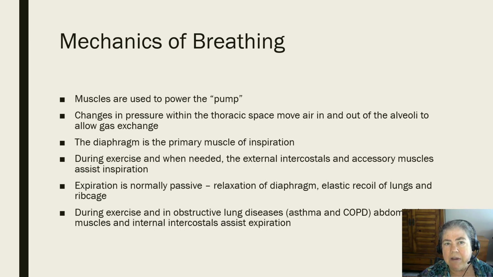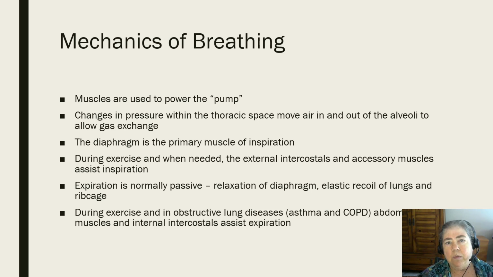Expiration is primarily from relaxation of the diaphragm, along with something called elastic recoil of both the lungs, which have a lot of elasticity and want to return to a smaller size, and the rib cage, which has been expanded during inspiration. So when we relax the diaphragm, the expansion of the rib cage recoils and air is pushed out of the lungs.